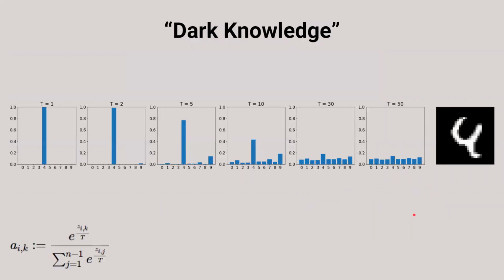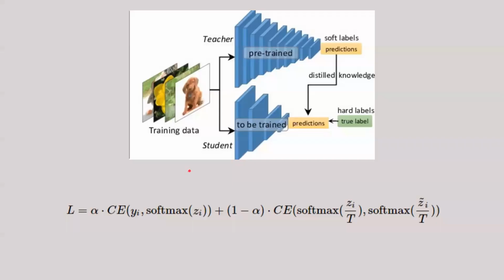So rather than saying, I want to match exactly what the ground truth is, we want to match the smaller probabilities to be higher for classes that are also likely, apart from the ground truth class here.